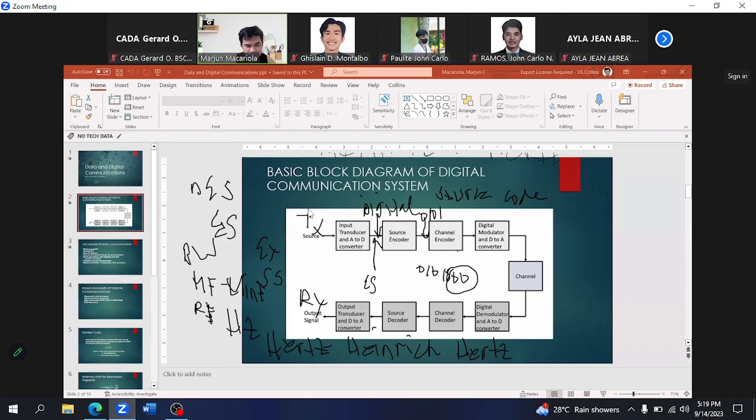Tapos, ang output po naman ay tinatawag na channel code, at yung nasa unahan ay tinatawag na error correcting bits. Okay? So, for that, sige, linisin ko muna. Okay? So after that, dadaan naman siya kay digital modulator.